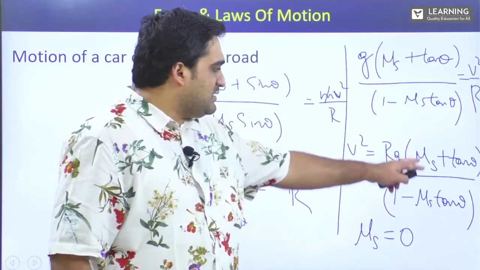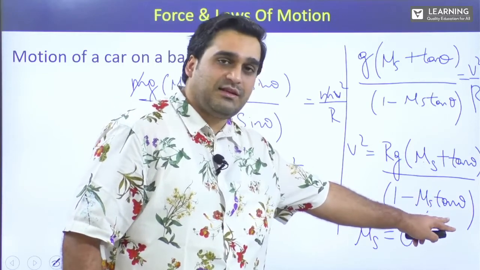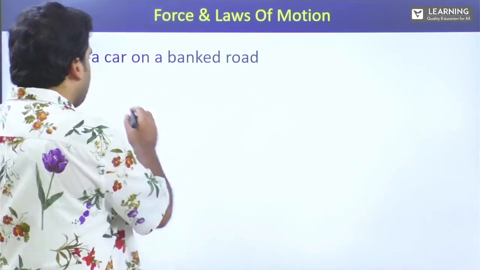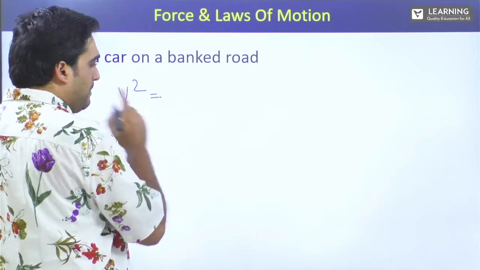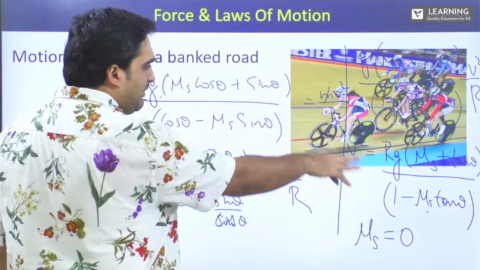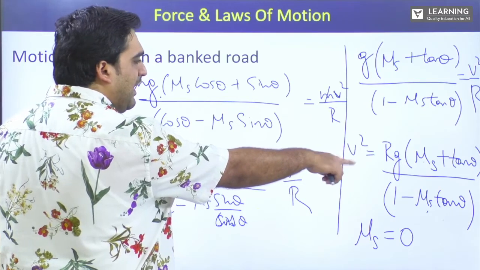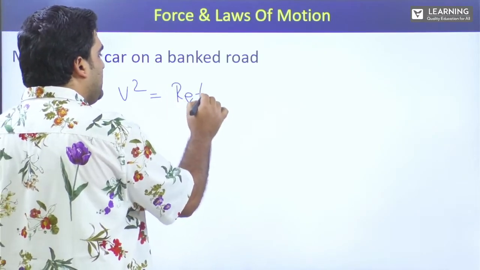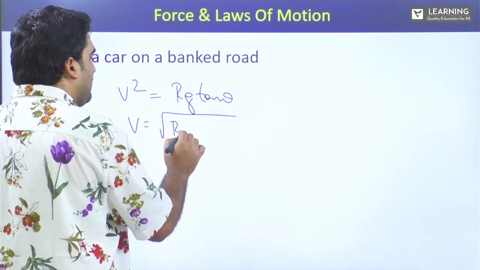If mu s is 0, then 0 times tan theta is 0. So you get v square equals rg tan theta.